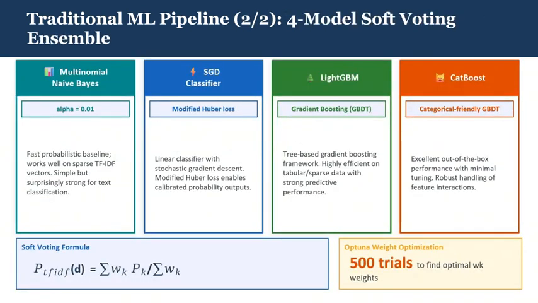The third stage is a soft voting ensemble of 4 models: multinomial naive Bayes, SGD with modified Huber loss, LightGBM and CatBoost. Instead of equal weights, we ran 500 Optuna trials to find the optimal weighting for each model. The final prediction is their normalized weighted average, which consistently outperforms any single model alone.